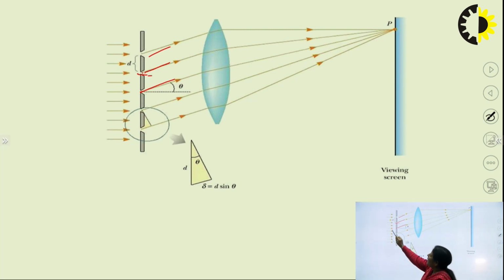You can see a parallel beam of light is incident, and then it is diffracted. If we want to study these diffracted beams, we place a lens; they pass through this lens and converge, and we place a screen so that the converged pattern is obtained on the screen.